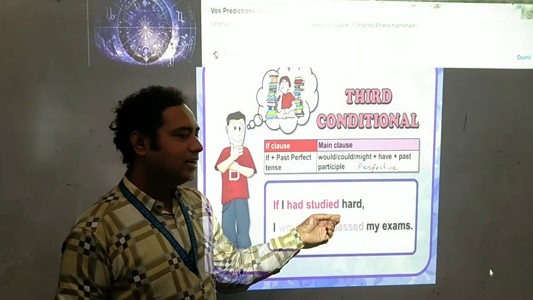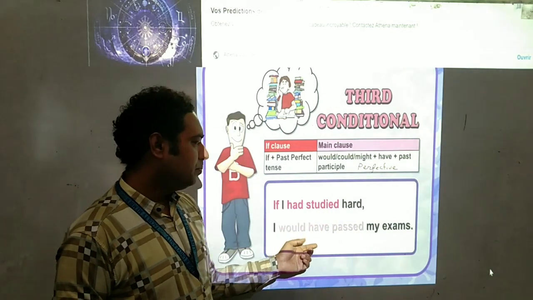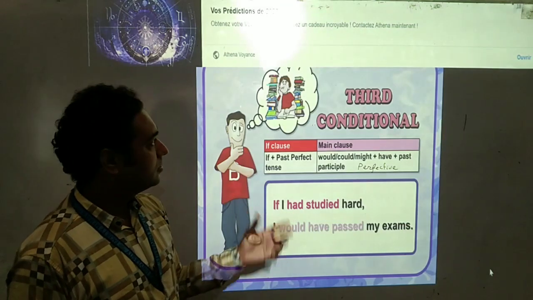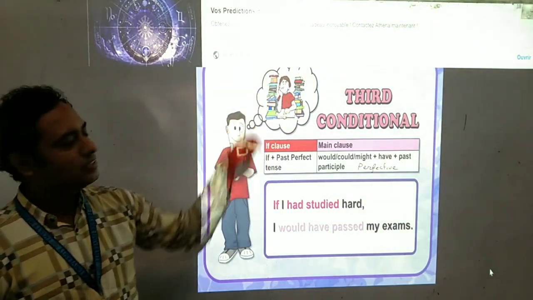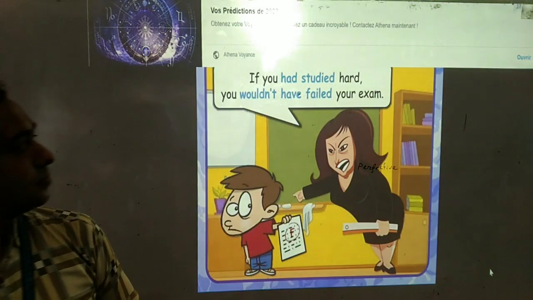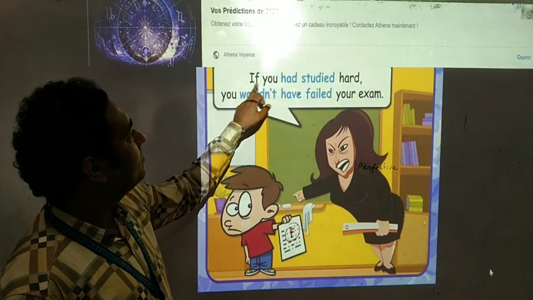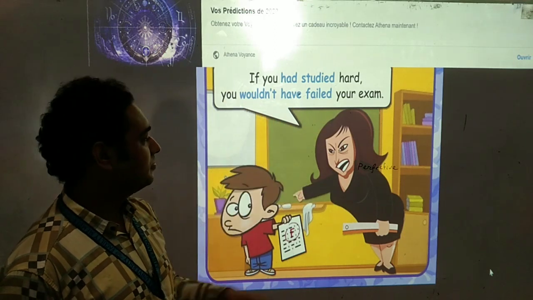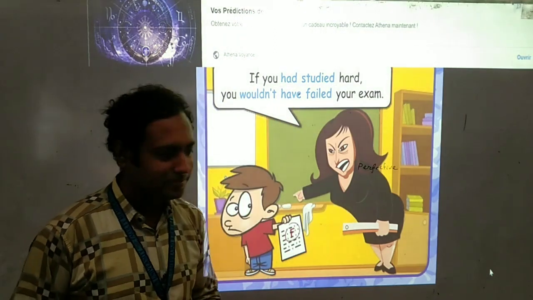If I had studied hard, I would have passed my exams. That is the interesting part. The teacher's presentation. If you had studied hard, you wouldn't have failed your exam, mother said.